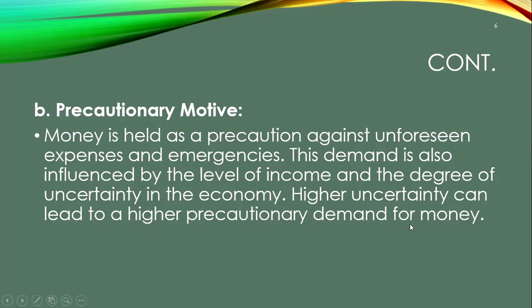If in the country you're expecting any political war, the majority of the people are going to save money. They're not going to consume anything. Some are even going to save money and go abroad or to other countries. That is all precautionary.